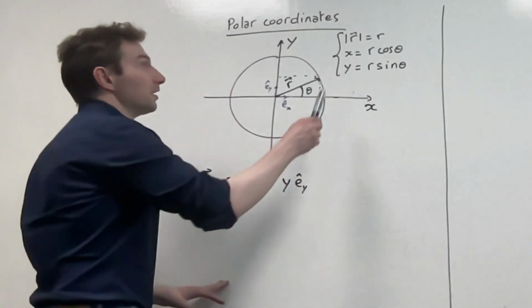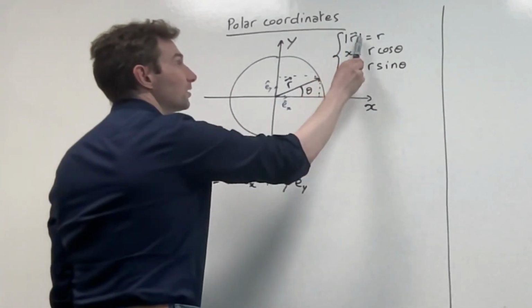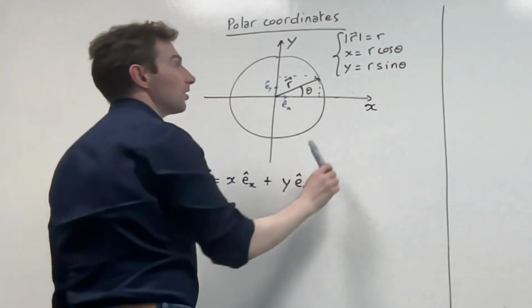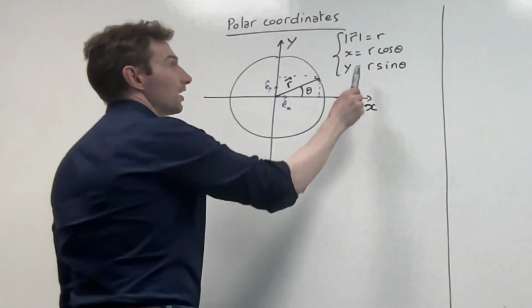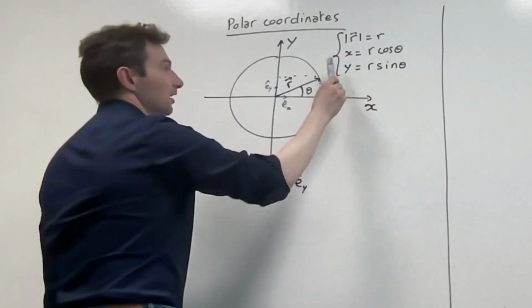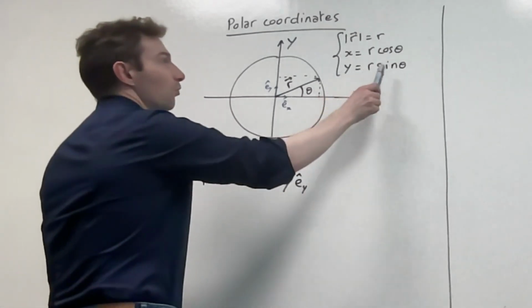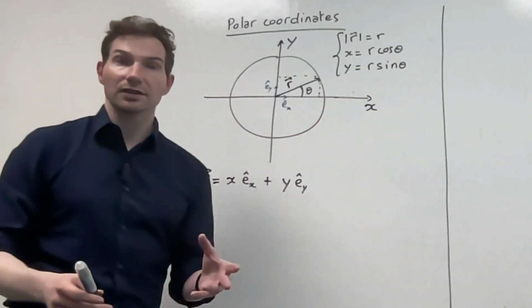So for example here, if the magnitude of my vector is called simply lowercase r, then from basic trigonometry I get that x is equal to r cosine theta and y is equal to r sine theta.